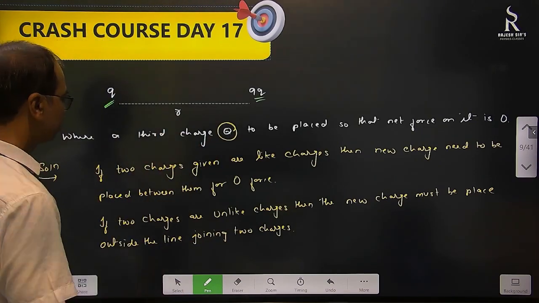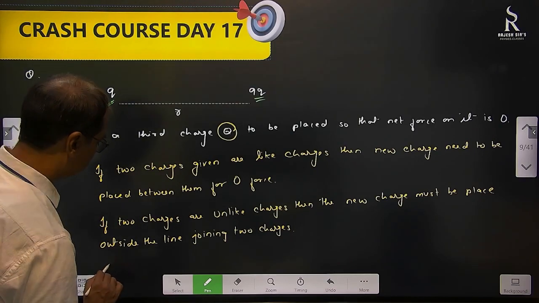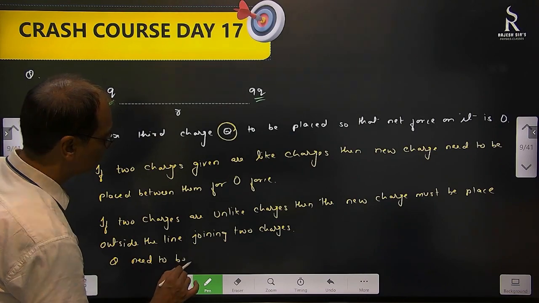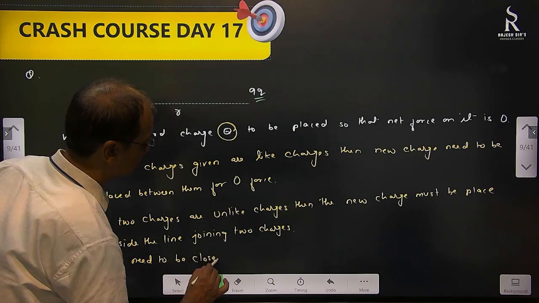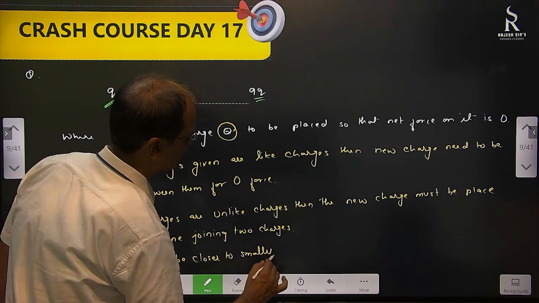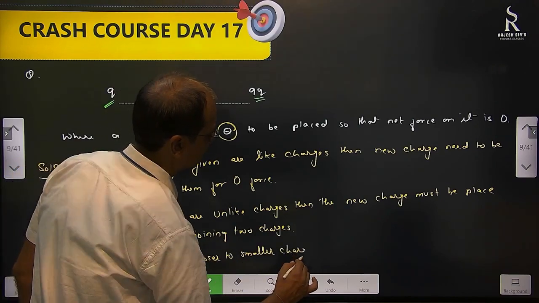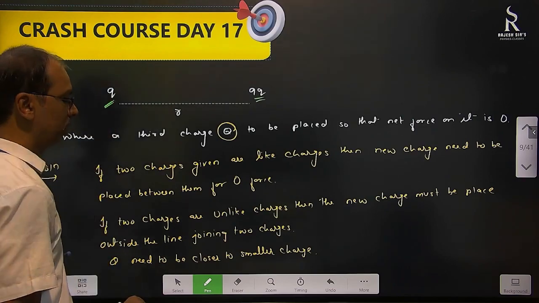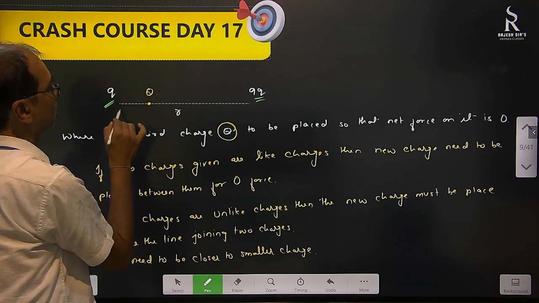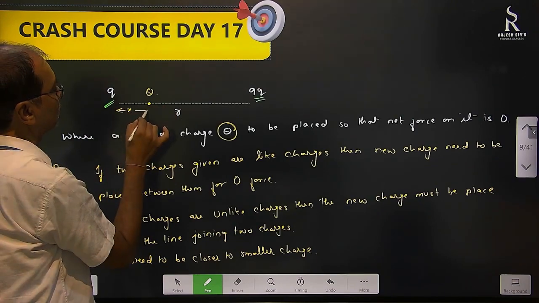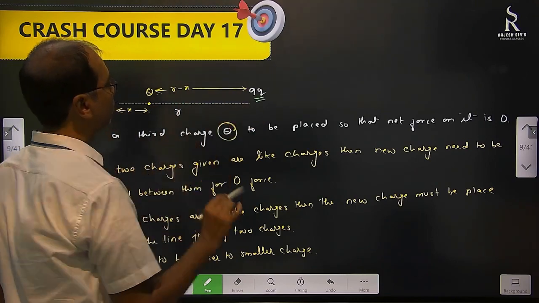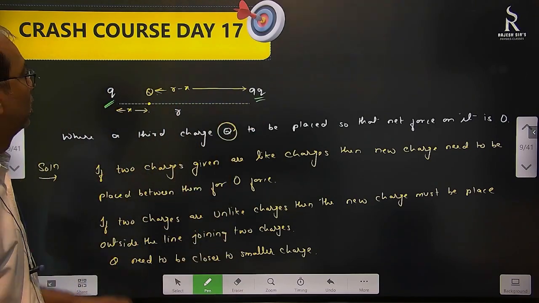So if it needs to be placed closer to the smaller charge, that means somewhere here. So we'll say this is x and this is R minus x. Then let's find the force.